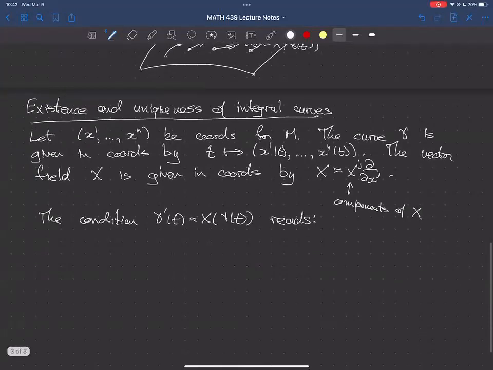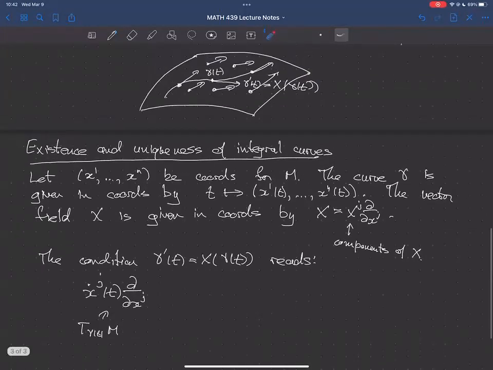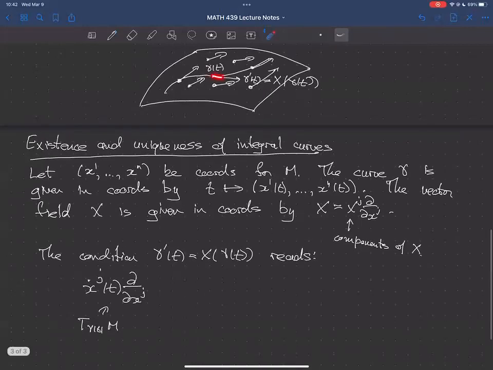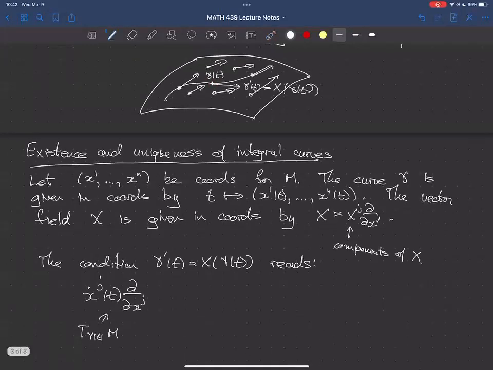And so gamma prime of t is represented in coordinates by x dot j of t. Now this is a tangent vector, and so I can write it as a sum of the basis vector fields. This is a tangent vector at the point gamma of t in M. In my picture here, it would be this tangent vector in the tangent space at gamma of t. So that's gamma prime.